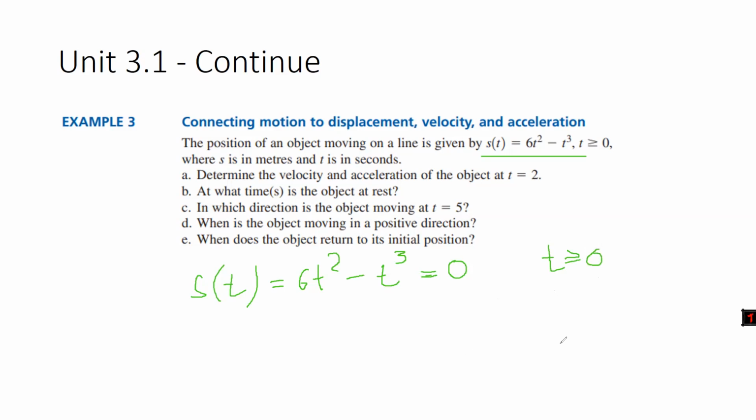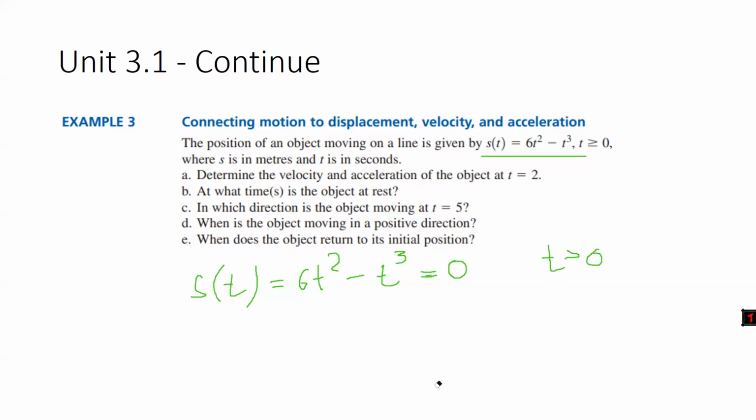But now let's think, would we include t equals 0? Based on the question, why don't we include t equals 0?